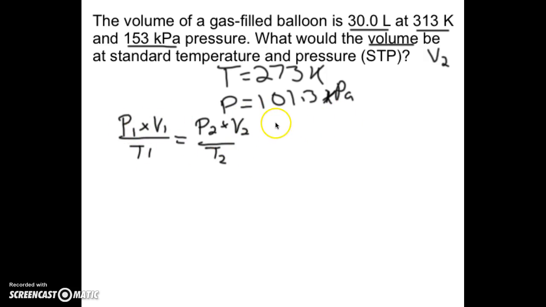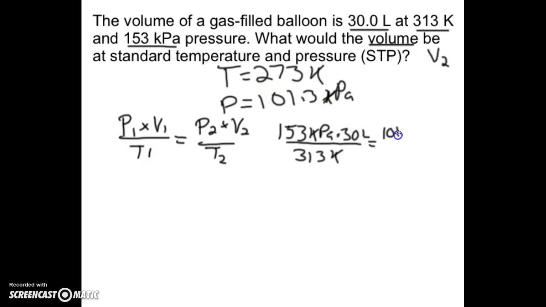P1 is 153 kPa, V1 is 30 liters, and T1 is 313 Kelvin.